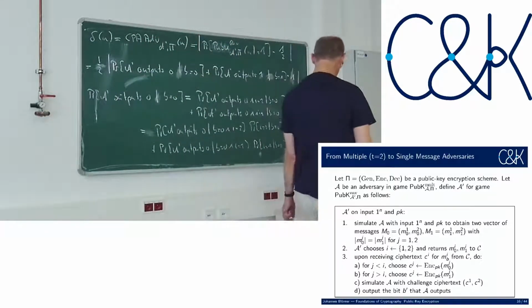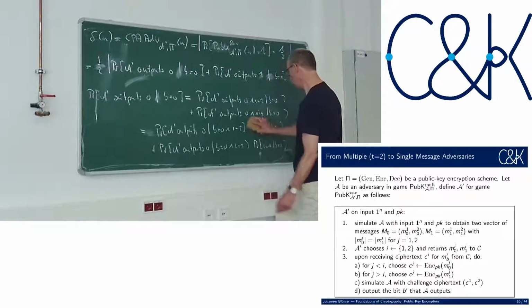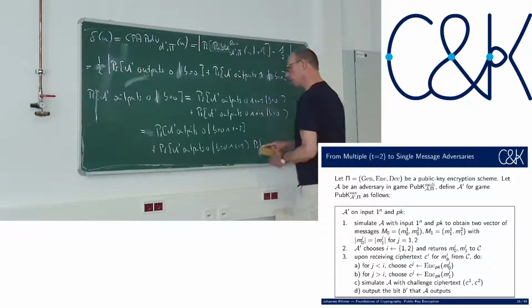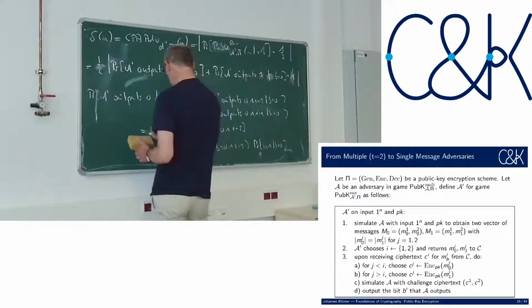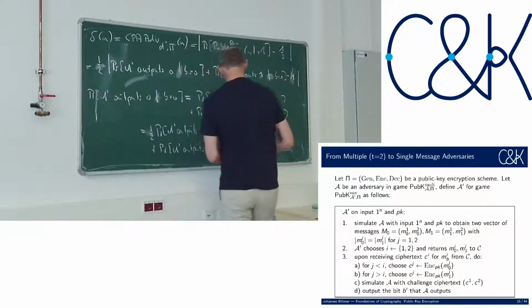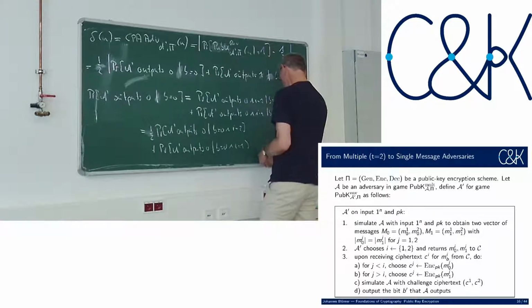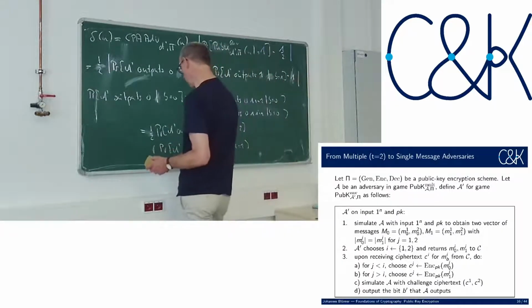And we have for I just 2 choices, so this is 1/2. And this is also 1.